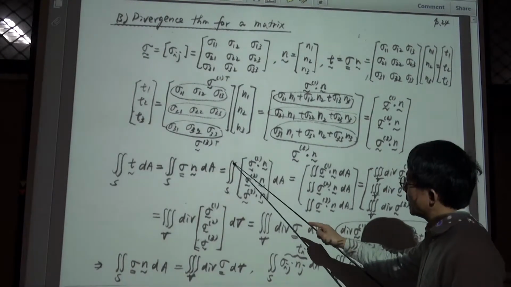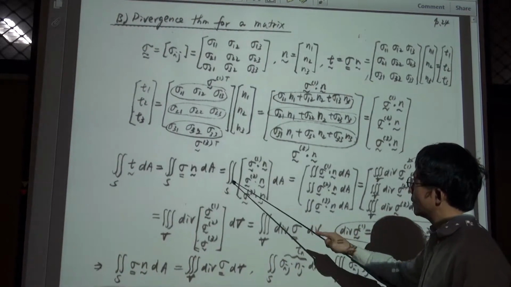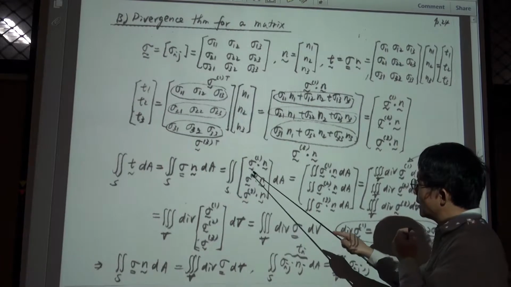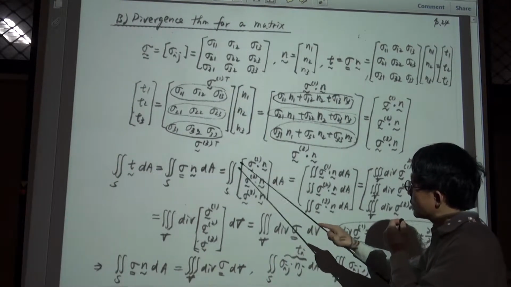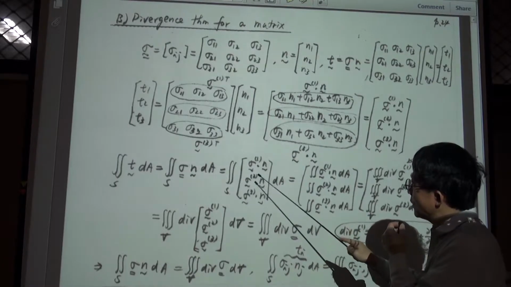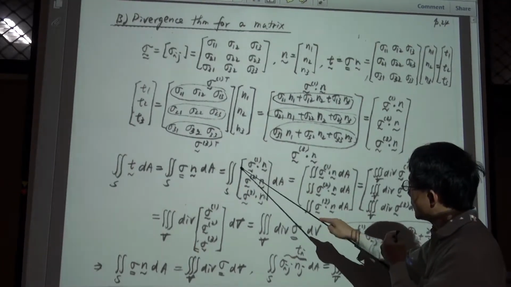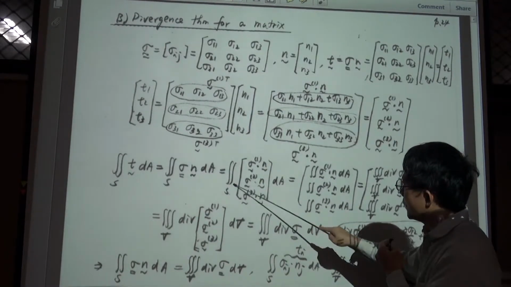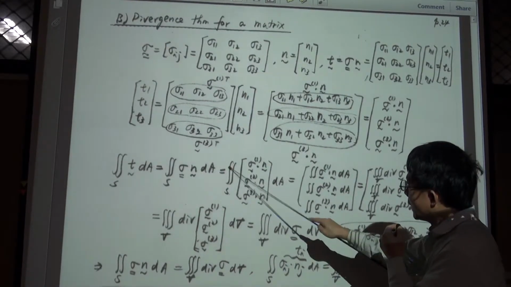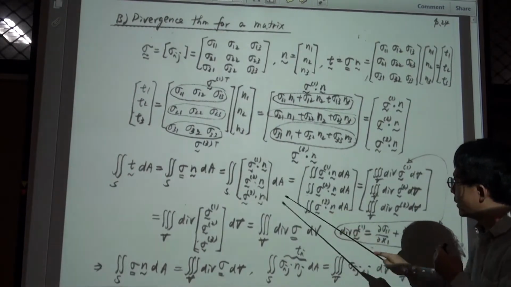Now we integrate this vector on the surface. We perform the integration on each component. This component, this component, this component. So we move this one to here to get this one. If we integrate this component like this, integrate this component like this.